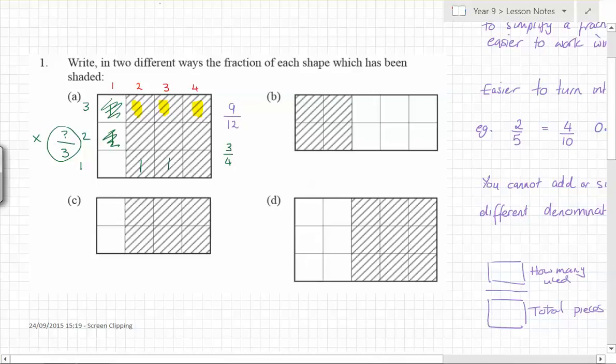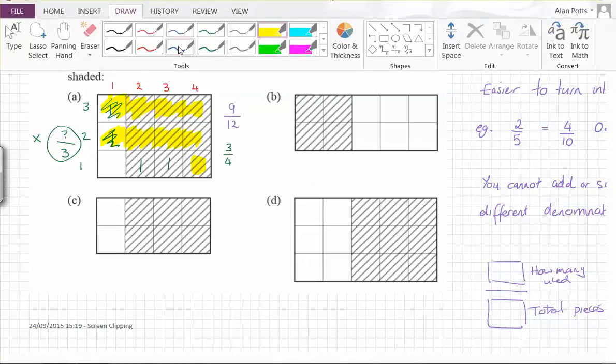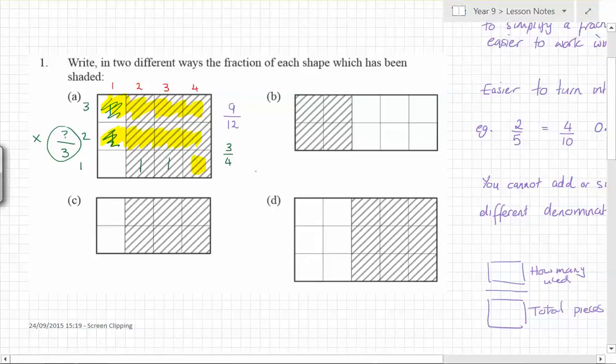So what that then gives me is how many thirds shaded? 2/3. But the problem is this little bit is still left over. So I don't have how many thirds. I have 2/3 and... that's actually an extension for us.